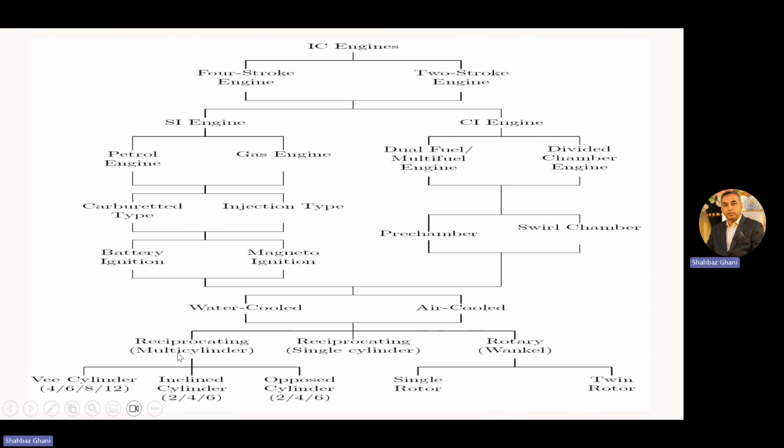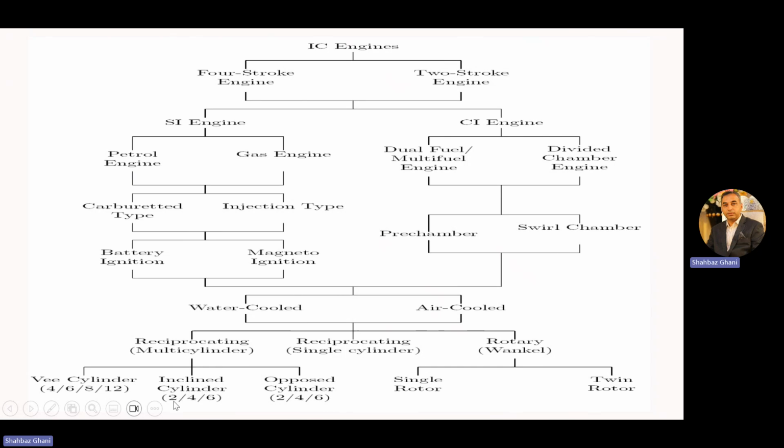Then with respect to the number of cylinders, we have reciprocating multi-cylinder engines in which we have a V configuration. A V4 means 2 on the right side and 2 on the left side, and a V6 has 3 on either side. A V8 has 4 on the left and 4 on the right. And a V12 means one bank contains 6 cylinders and the other bank contains 6 cylinders.